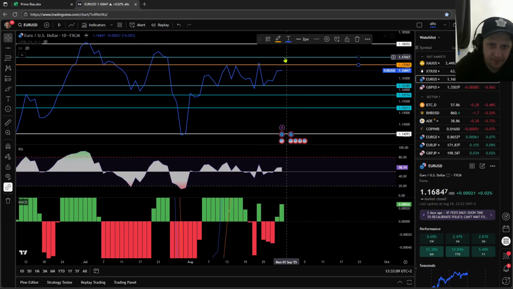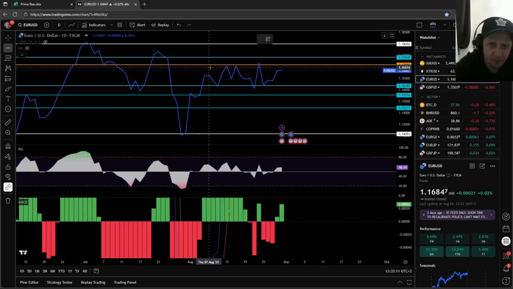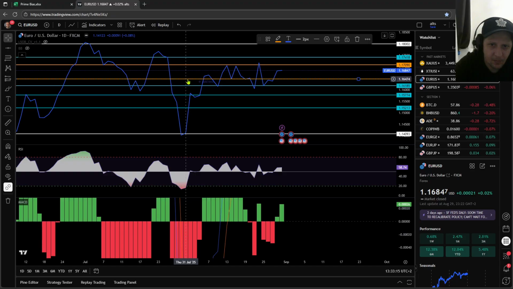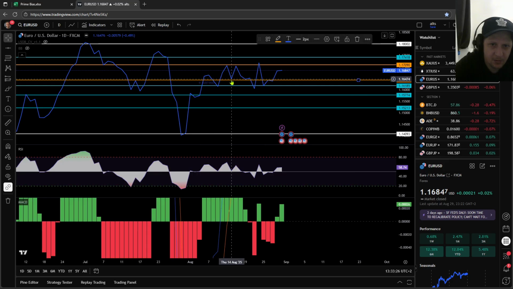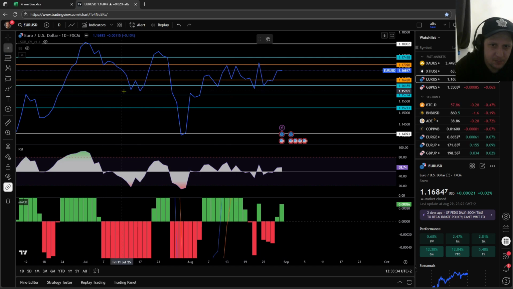Change the color, orange. Maybe a little bit down, kind of in the middle of this one and this one. We have those here. You can also choose this one here.